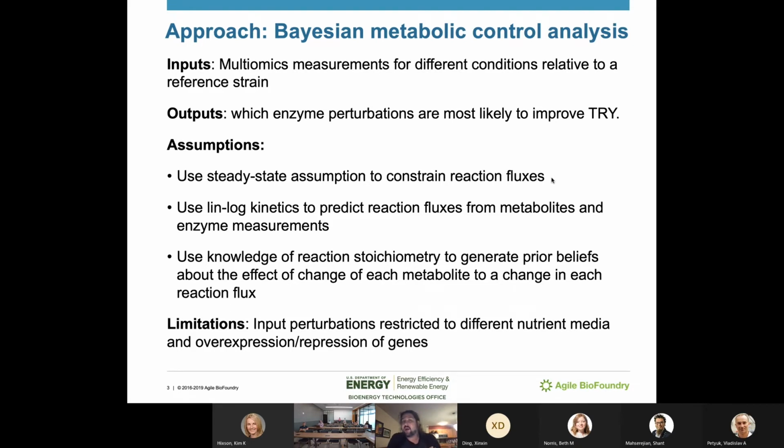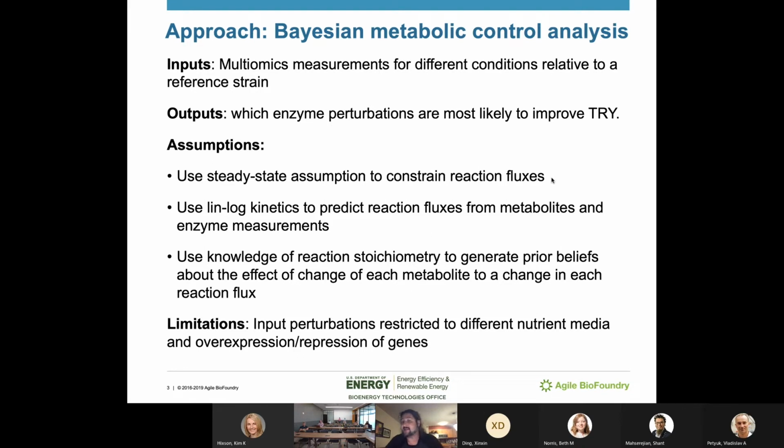We use Lin-log kinetics to predict reaction fluxes from metabolite and enzyme measurements. And we use the knowledge of reaction stoichiometry to generate prior beliefs about the effect of a change in each metabolite on a change in a reaction flux. So how sensitive is a particular reaction to a change in a particular metabolite?